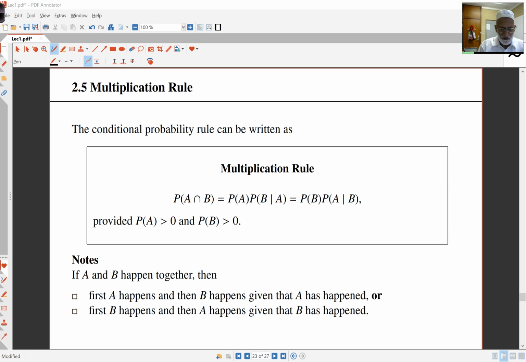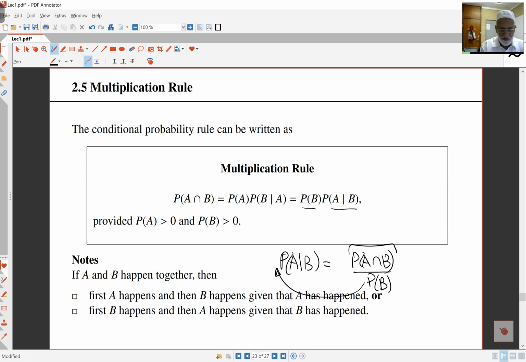So I start off by looking at, say, the probability of A given B as the probability of A intersect B over the probability of B. So from here, if I want to work out the probability of A intersect B, I take this to the left hand side. So A intersect B is the probability of B times the probability of A given B.